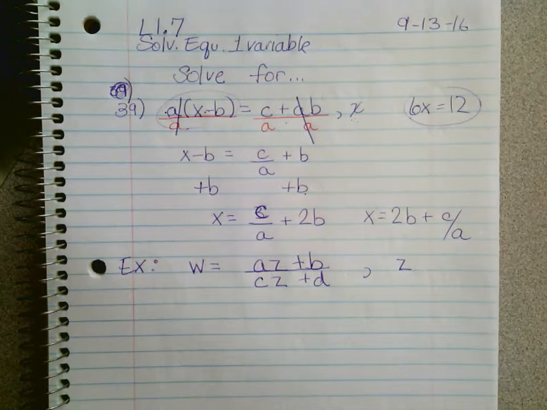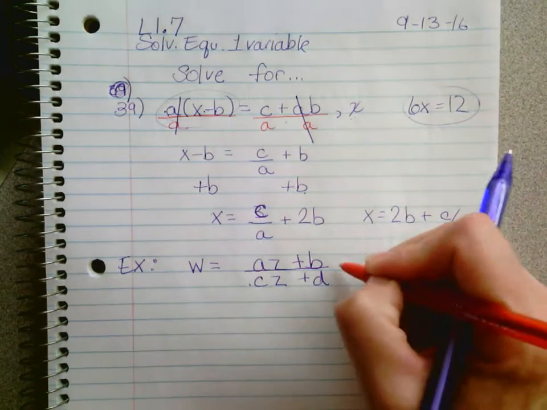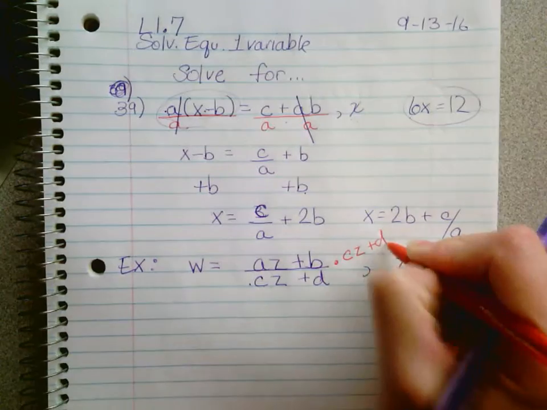Well, let's walk through this one. We're going to start by getting rid of our divisor, hopefully I'm correct, by multiplying by that divisor.